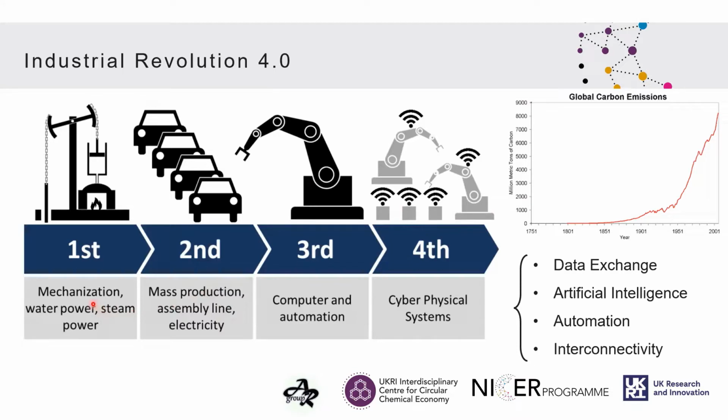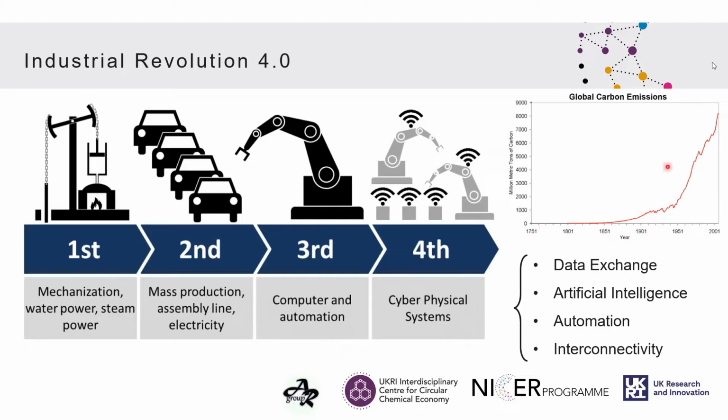It was until the 1850s and 1900s that the second industrial revolution, when we applied what we learned on mechanization and combined it with electricity to have a mass production line. Right? If you see here on the right, the global carbon emissions rise with this second industrial revolution, when we started producing more CO2 than the average before.